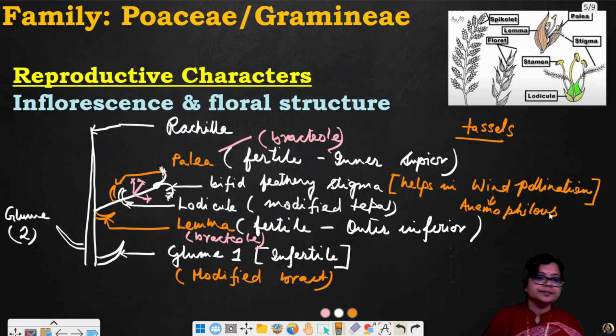Points to be noted. So this is the first one. Second floret develops here. Third florets develop here in this way in a racemose pattern.